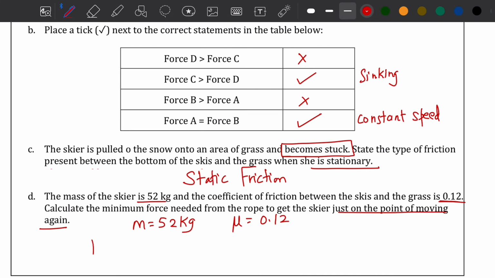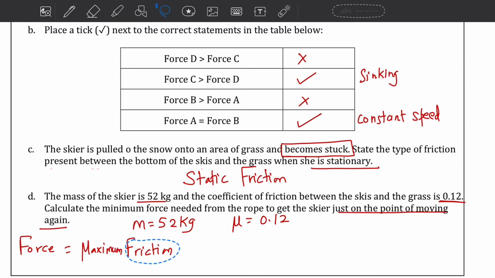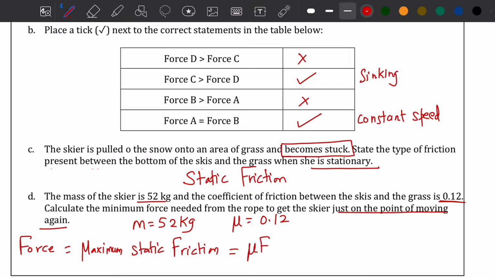That means you have to apply a force which will be equal to maximum static friction. And the formula for maximum static friction is mu Fn.